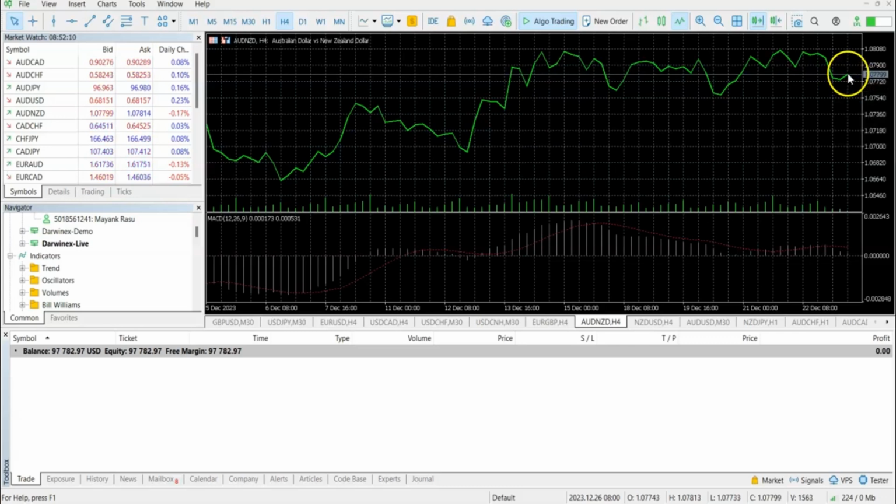If I calculate the support and resistance at this level, it is possible that I will get the resistance level as this point, which is close to 1.08065. Right now we are at 7796, so close to 70 pips. So at this point, we will get the resistance at 70 pips.